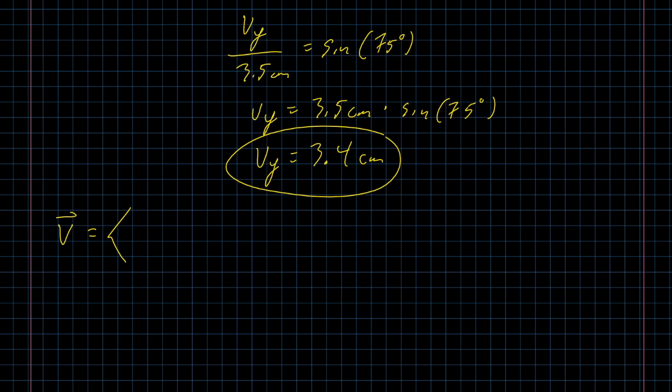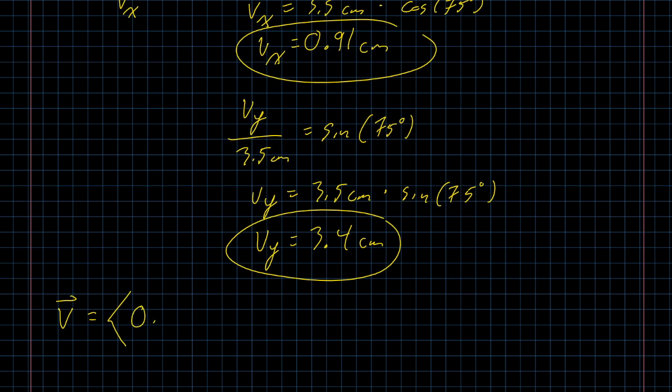So you put the x component 0.91 and the y component 3.4. And we use angle brackets instead of parentheses to emphasize that this is a vector, not just a point, but it's the same XY ordered pairs that you learned how to deal with when you learned about graphing in your study of mathematics.